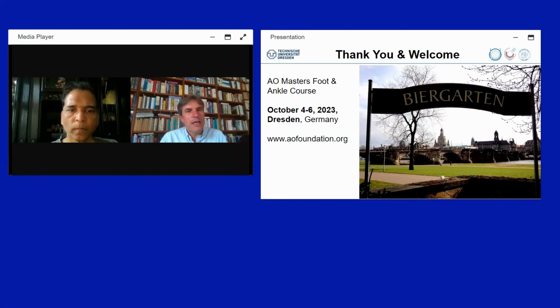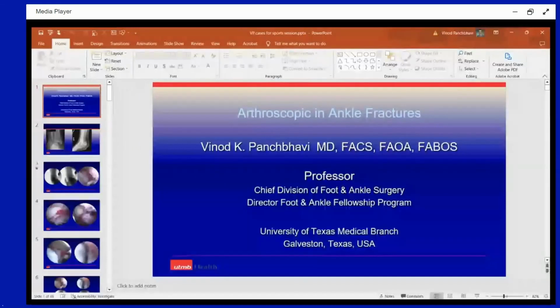Still, in those cases, I have a low threshold looking at the anterolateral aspect of the joint. Number one, to look for intraarticular fragments, as you rightly point out. And number two, to see if those anterior ligament ruptures at the syndesmosis somehow intervene with reduction of the fibula.